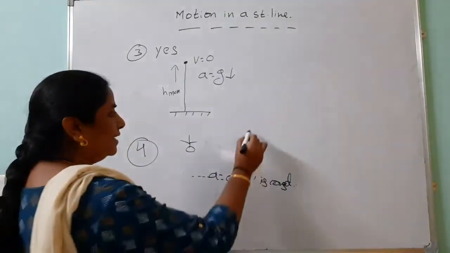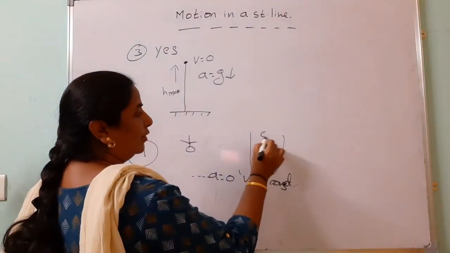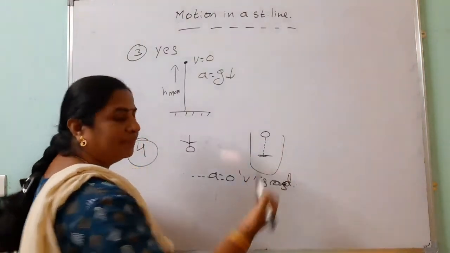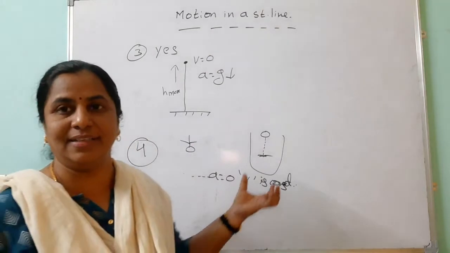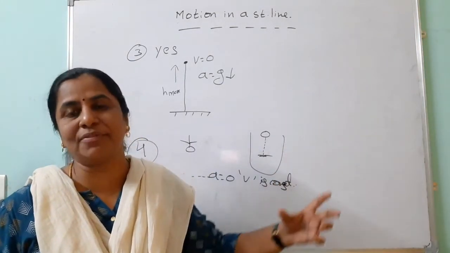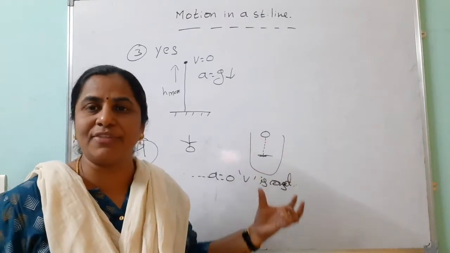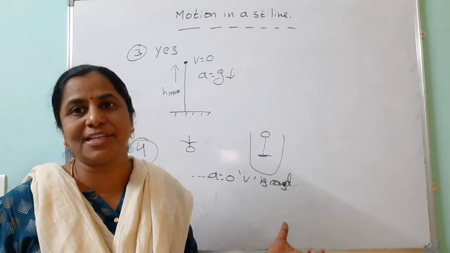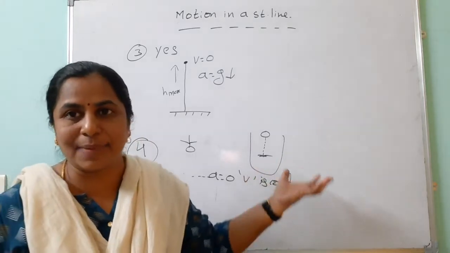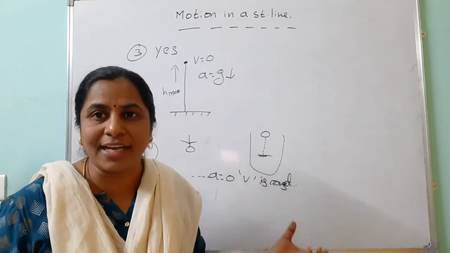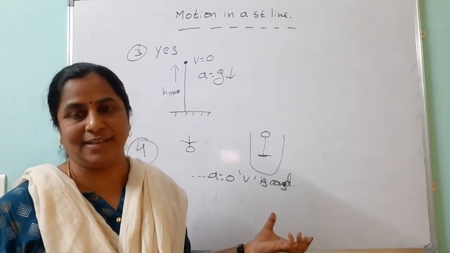Same experiment: in a jar we take water and drop a body, and after traveling some distance it gets a constant velocity. That is called the terminal velocity. Same when the person jumps from the aeroplane: first he moves fast, the velocity is more. After traveling some distance, his weight is balanced by the air resistance, the velocity is constant, and that is the terminal velocity.